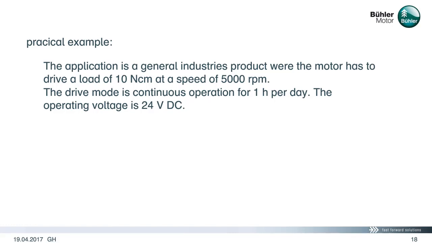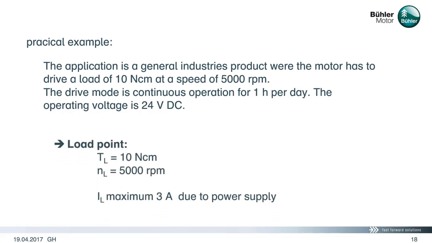The drive mode is continuous operation for 1 hour per day. The operating voltage is 24 volts DC. The load point we see here is T sub L 10 Newton centimeters and N sub L 5000 RPM. From the power supply we know that the maximum continuous current is 3 amps.